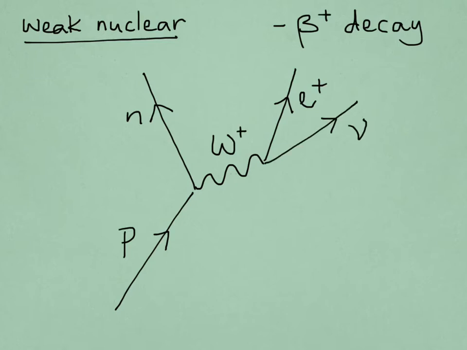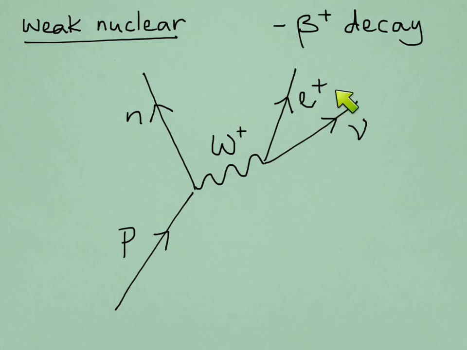And we also get a neutrino because at this junction there are no leptons going in, so we need a lepton and an anti-lepton coming out. Now the positron is an anti-lepton. Remember, that's the only antiparticle that's got its own name, a positron. All the other ones are just anti-something, whatever it is.